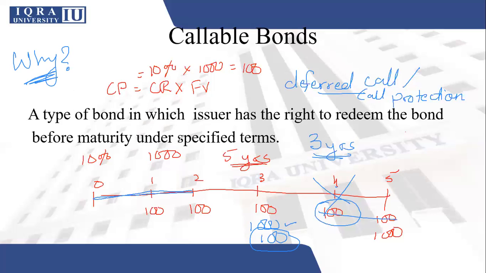Just take 1 minute and think about it. It has something to do with the interest rate. So, that is your hint. You need to think in terms of the interest rate.